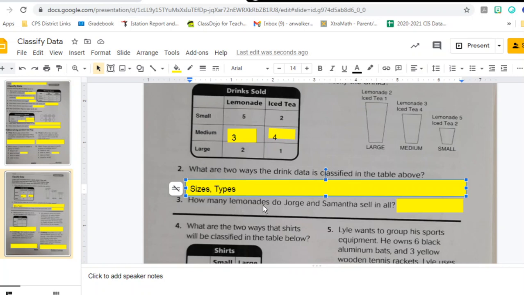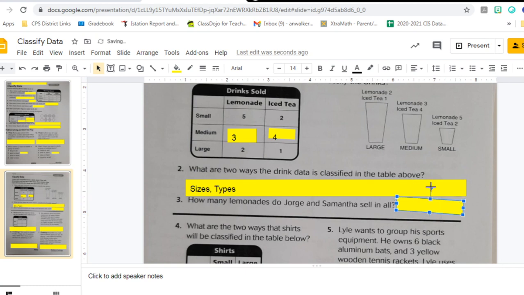All we care about is lemonade. So I'm going to look here at lemonade and I'm going to count 5 plus 3, which is 8, plus 2, which is 10. So there are 10 lemonades sold in total.